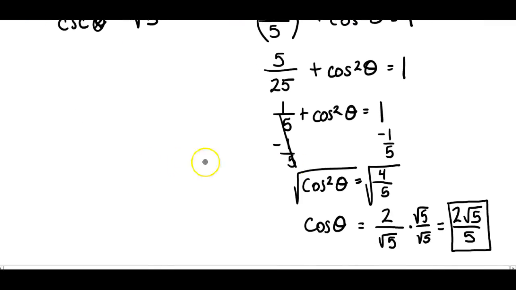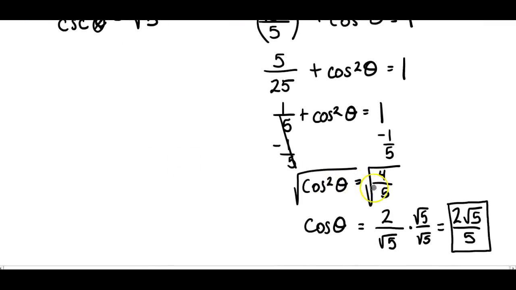And over here where I'm taking the square root of cosine squared of theta, my answer could have been plus or minus 2 over root 5. Since we know that cosine theta has to be less than 0, we're going to actually choose the negative answer here, the negative 2 root 5 over 5.